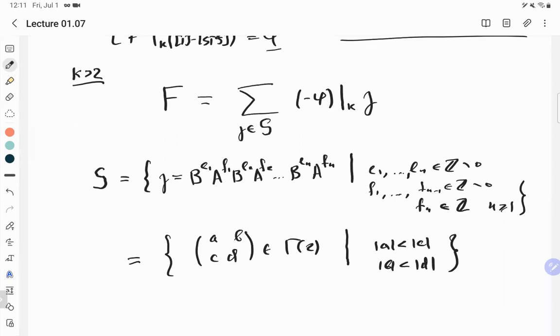The set S is not all the possible words in the letters. So you have to start with a non-zero multiple of a power of b, and you end in either b or a. So basically, it's b times all the rest.